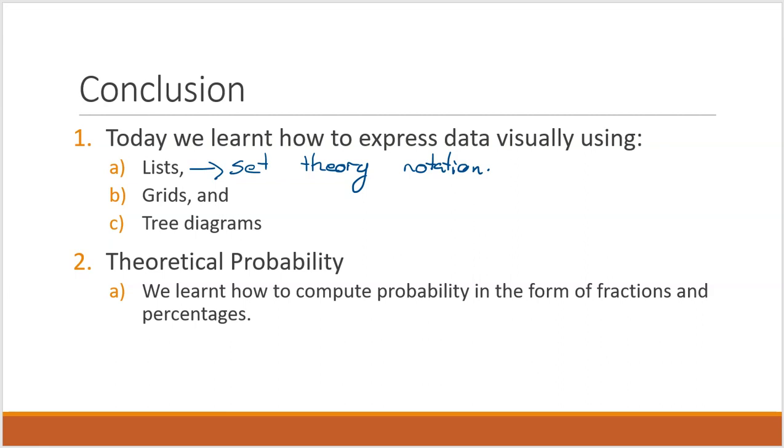Then we looked at representing our data in tree diagrams. Trees were great for multi-step experiment data. Then finally, we looked at theoretical probability, so how we can assign a fraction or a percentage to explain numerically the likelihood of an event occurring.